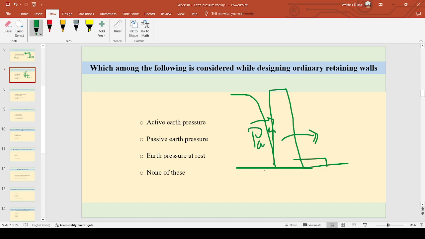So while designing retaining walls, the active earth pressure is being considered. Okay. Next question.